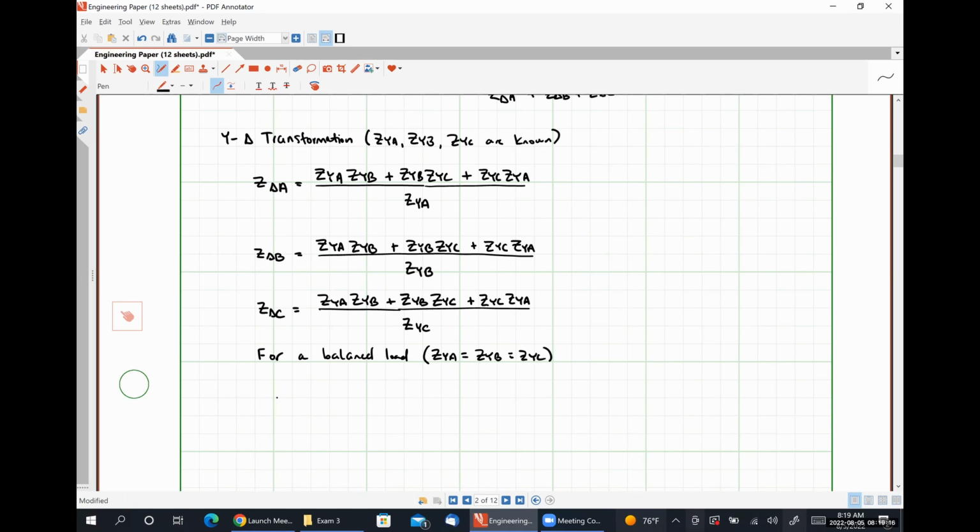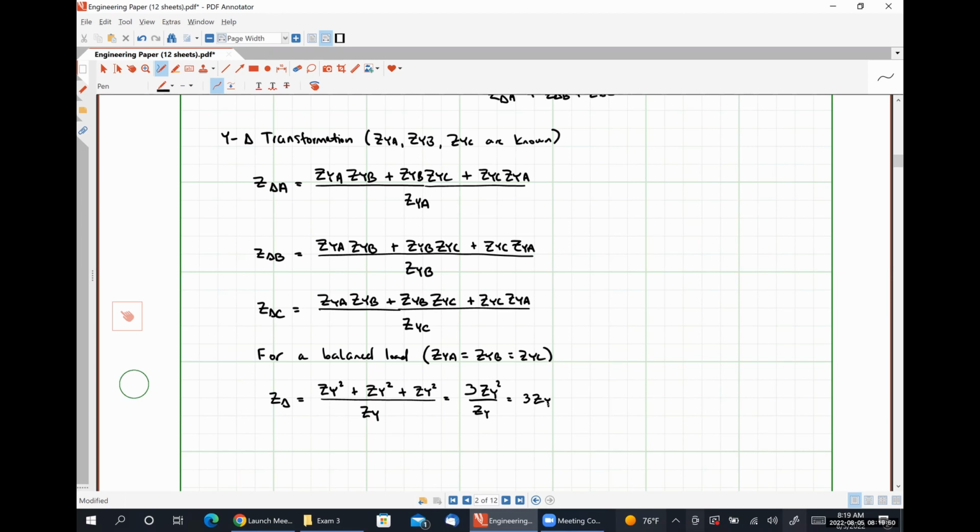We'll find that we have a single impedance Z delta that is going to be ZY squared plus ZY squared plus ZY squared all over ZY, which is simply 3 ZY squared over ZY, or 3 ZY.